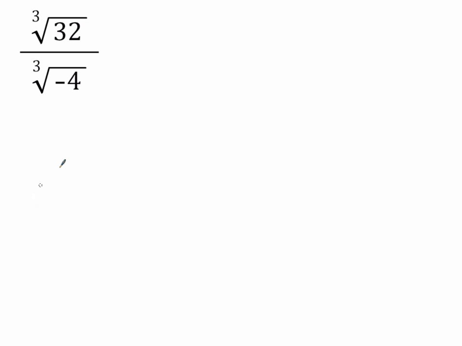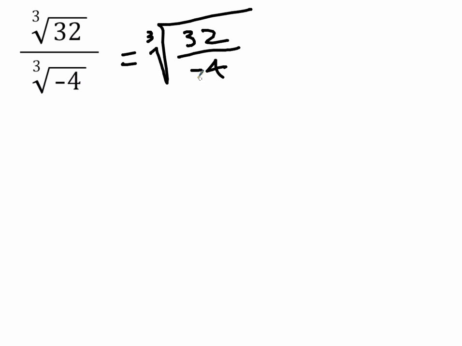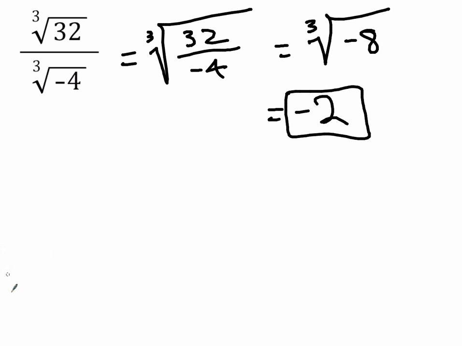Okay, so let's do that with an example that's slightly more interesting. You could combine these over one in one radical, similarly to the way that you can combine multiplication. And the reason why that's useful is now you can simplify. 32 over negative 4 is negative 8. So this is the same thing as the cube root of negative 8, which is negative 2.